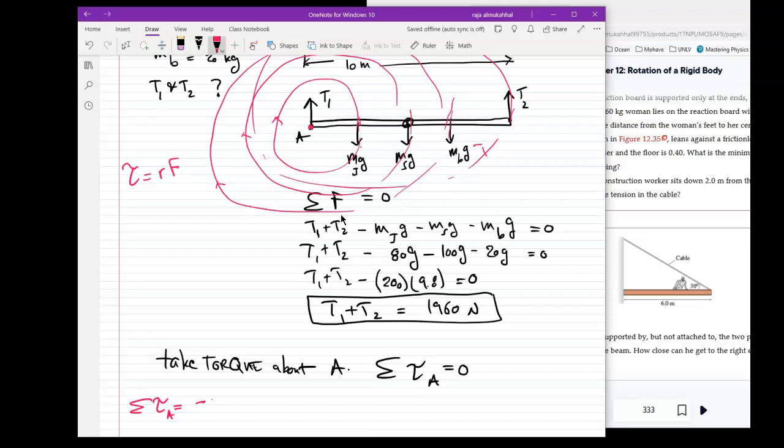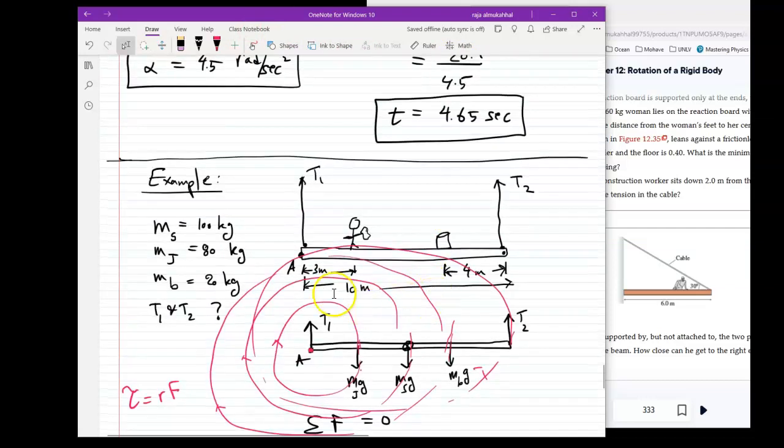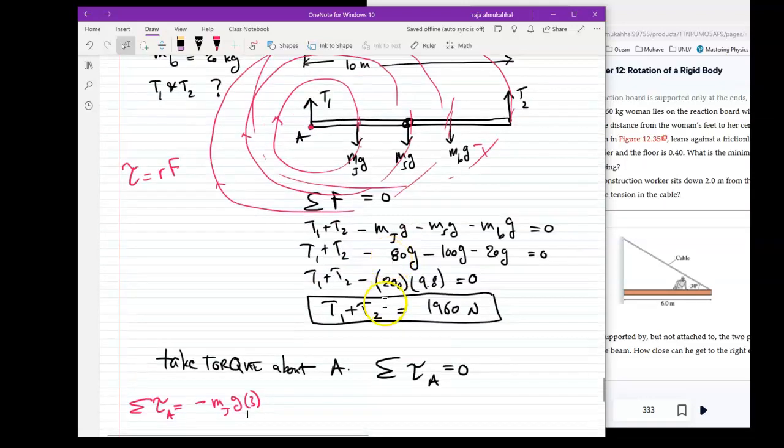So minus MJg times 3. Got it so far? Now this one also is going to go this way. That's clockwise. How far is it? 5. Remember, the length of the scaffold is 10. The center of mass is always at the center, so that's 5. So that's going to be minus MSg times 5. Okay? Now we're going to do it with the bucket. The bucket is here.